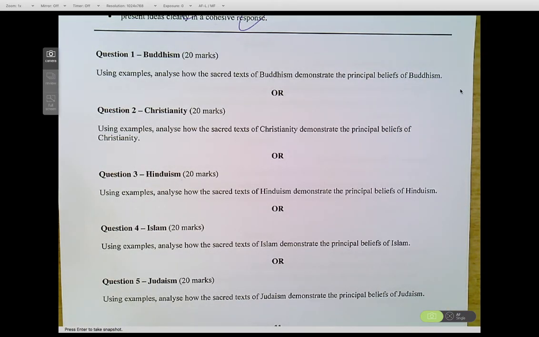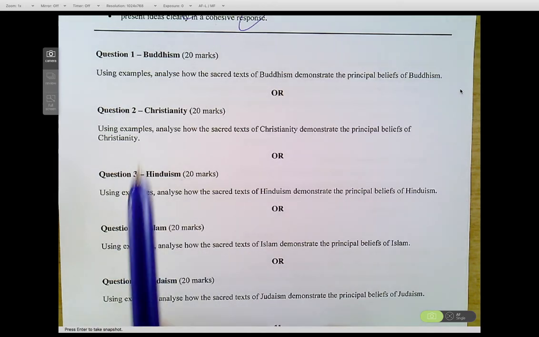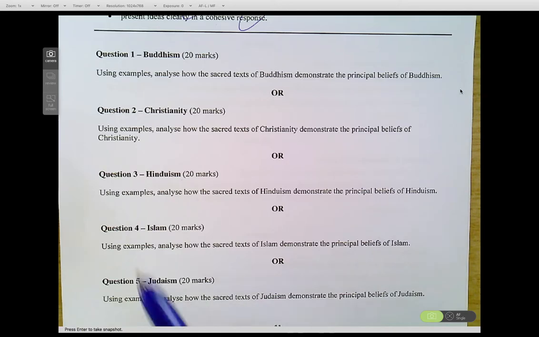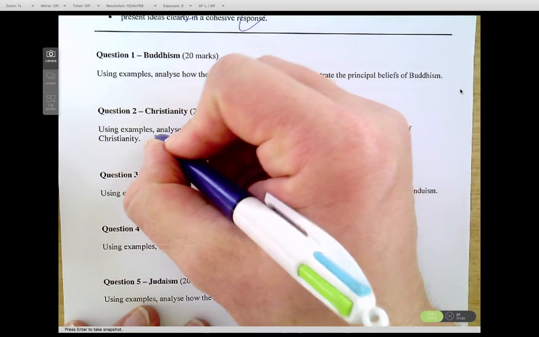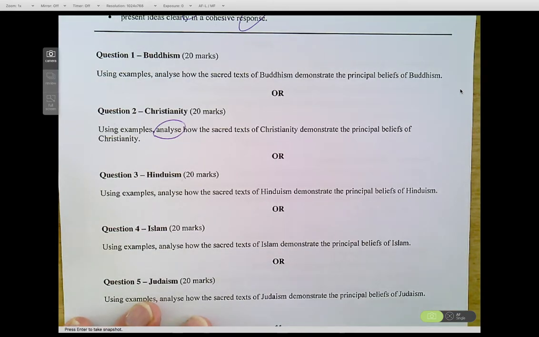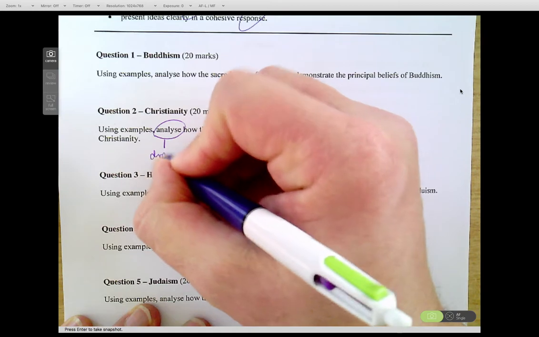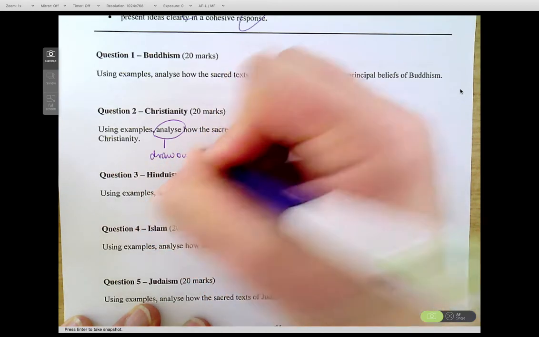Okay, so we need to make a decision here. The Christianity question, worth 20 marks, says, using examples, we're going to be doing that anyway, analyse. So when we analyse something, we don't necessarily make a judgment, but we draw out and relate implications.